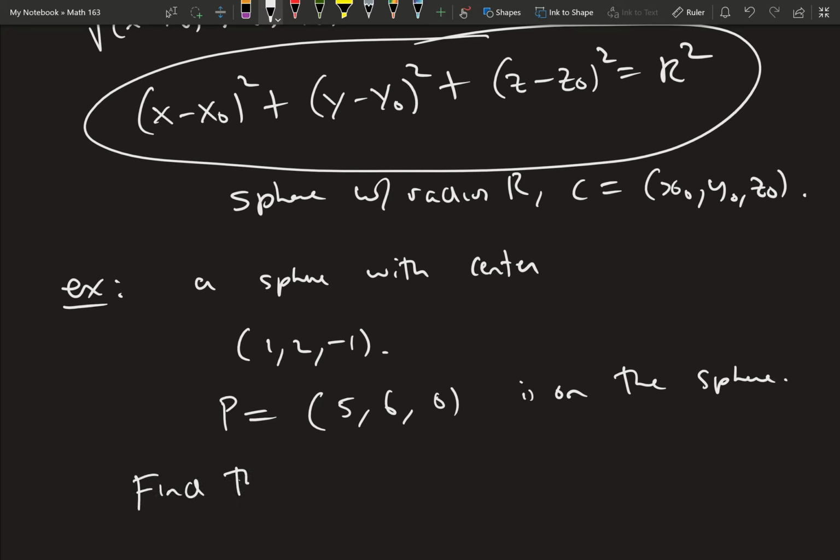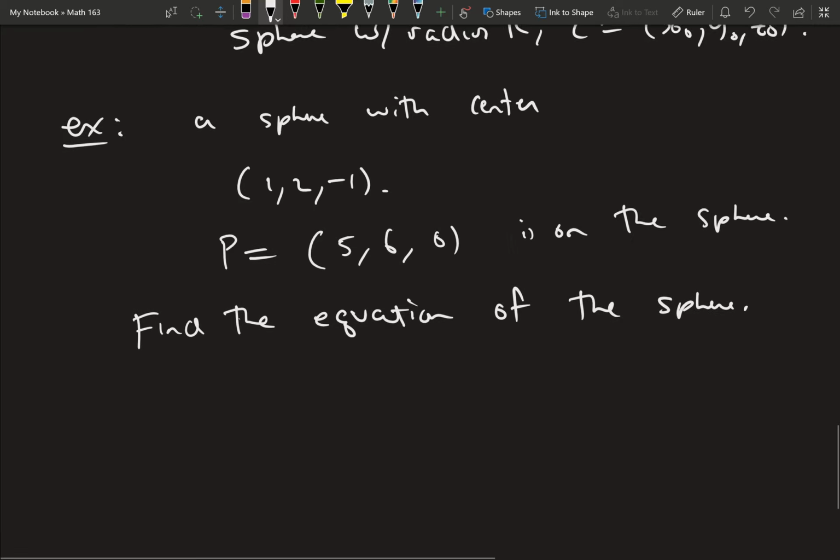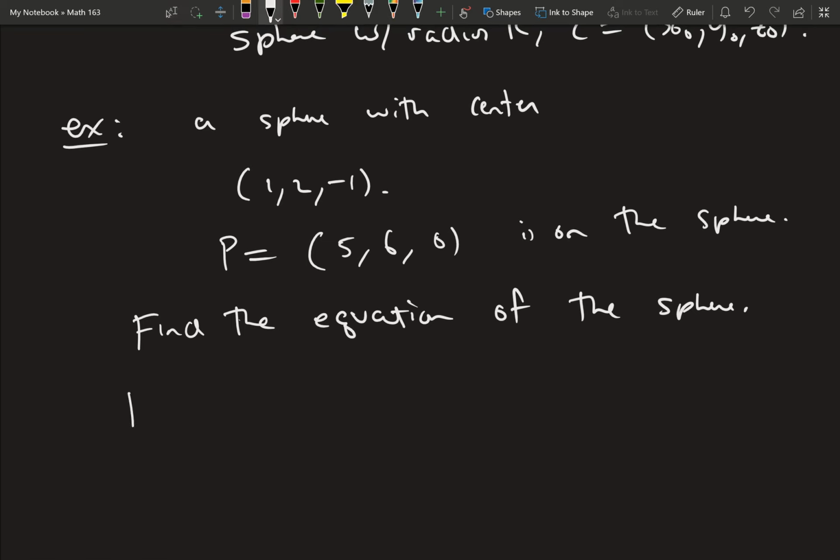Find the equation of the sphere. Well, we know that the radius must be the distance from the point P to the center point.